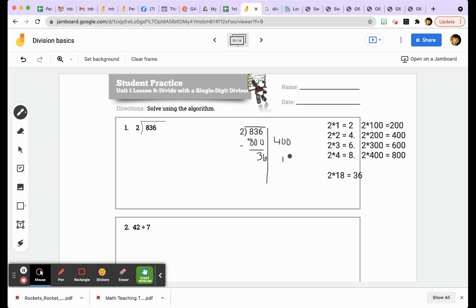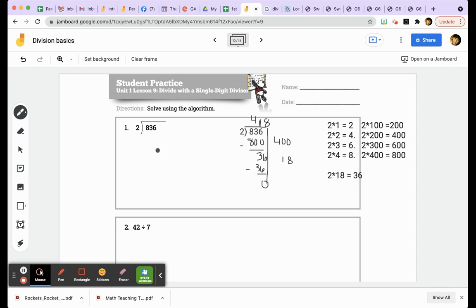So I have a partial quotient of 18. And 18 times 2 is 36. Subtract 0. I'm going to add my partial quotients together. And I have 418.